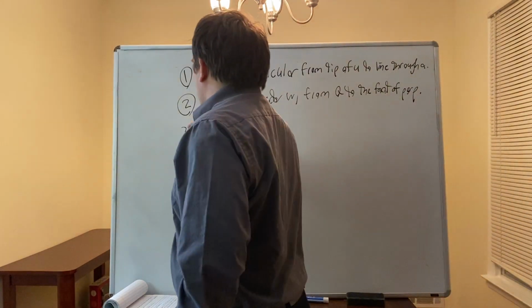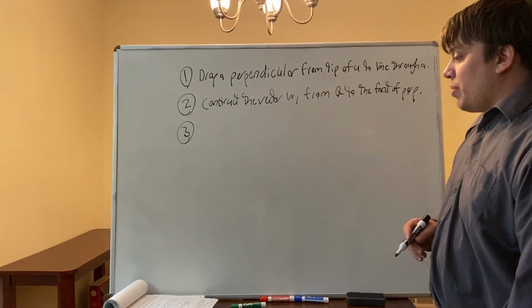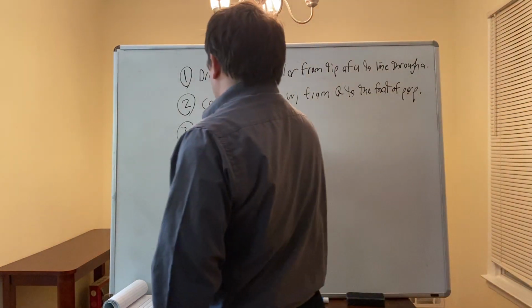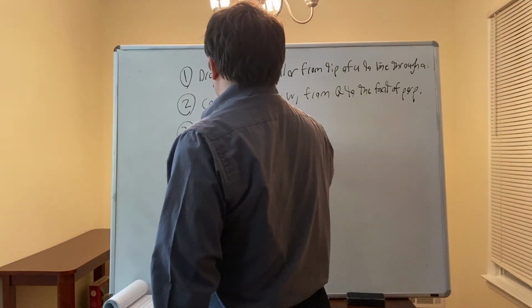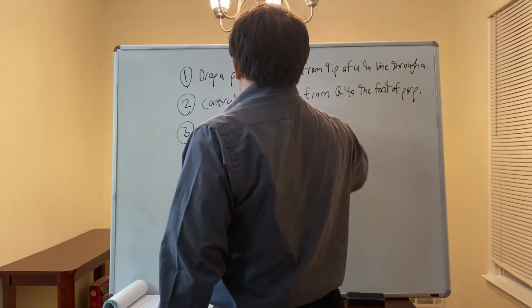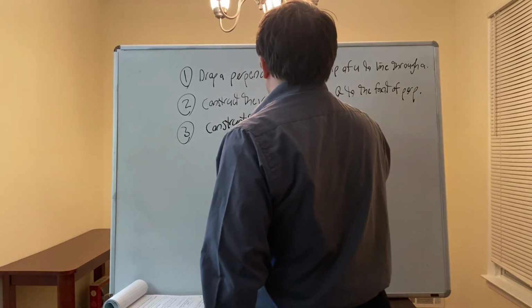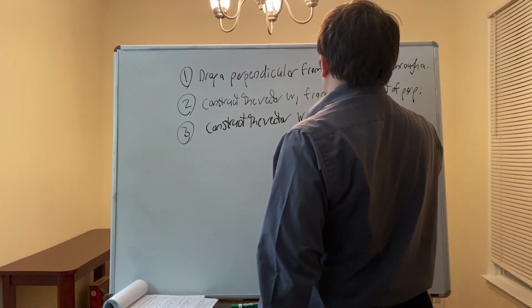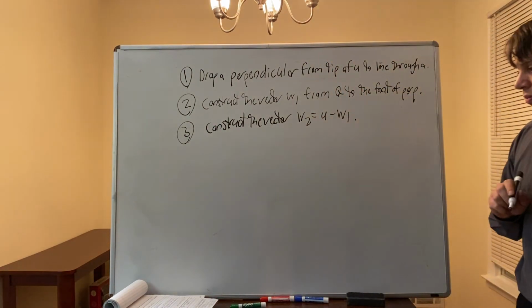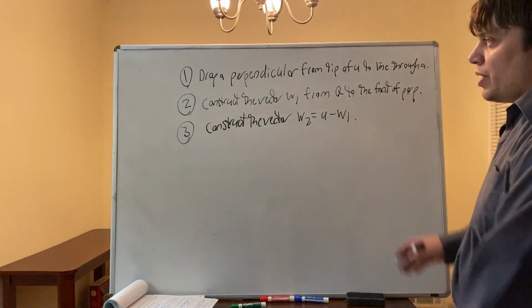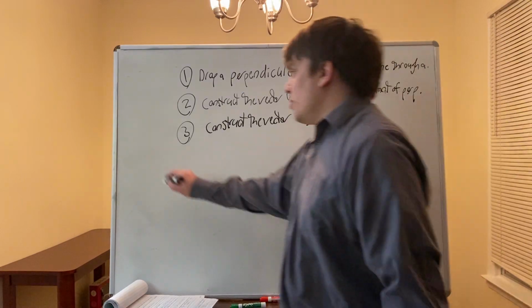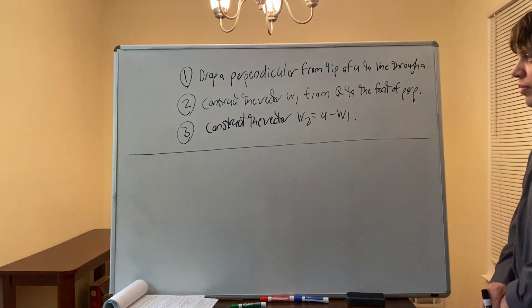Step 3, construct the vector W2 equals U minus W1. So those are the three steps from what I just did geometrically in those three examples.